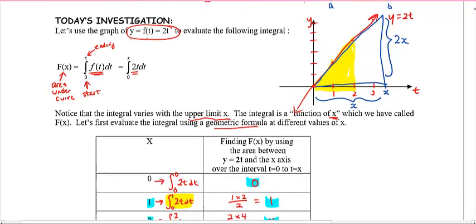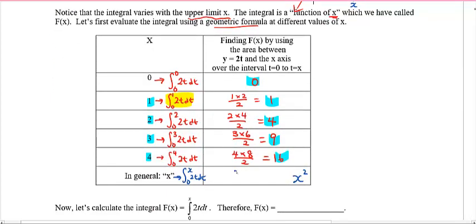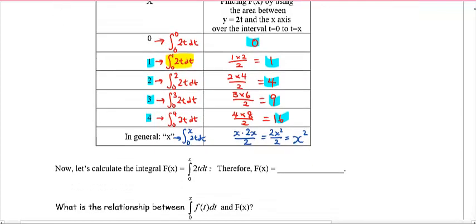So if I use the same kind of idea, it'd be the base times the height divided by 2. And that, of course, equals 2x squared over 2, which, of course, is just x squared, like what you predicted earlier. Okay? So, therefore, the integral, or the area underneath this curve of 2t dt, when you go from 0 to x, is really just the function x squared.